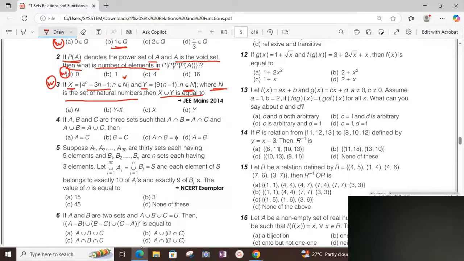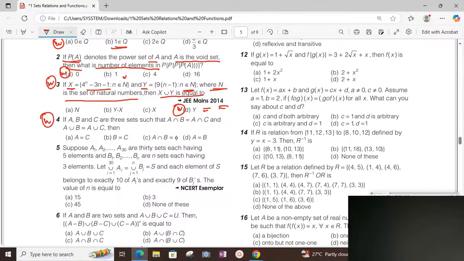Then x union y is equal to, let's see, the correct option of this one will be y. There is no problem to pick out the correct option of this question. This question was asked in JEE Maths 2014.